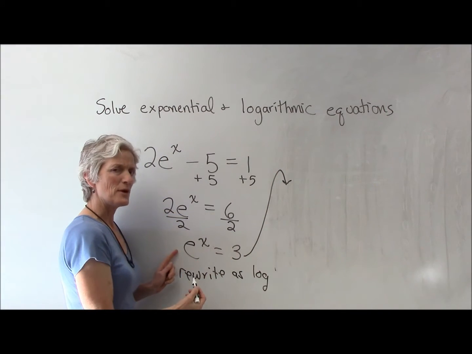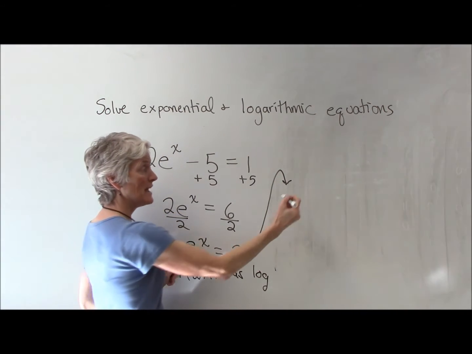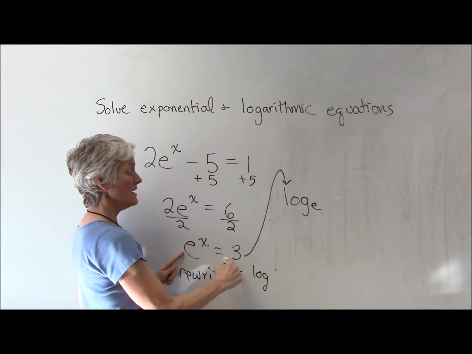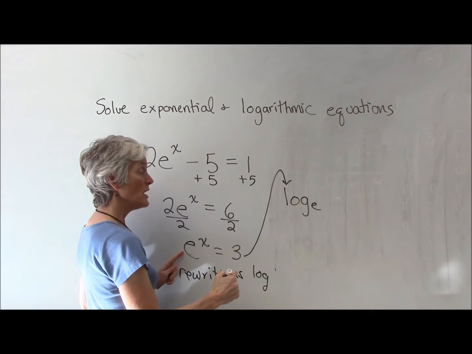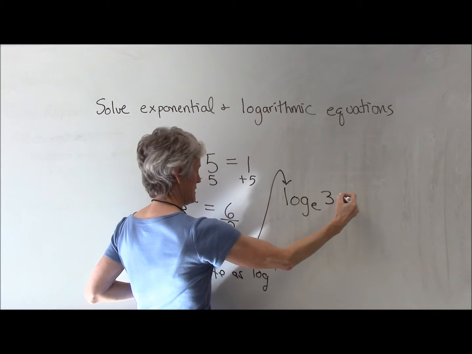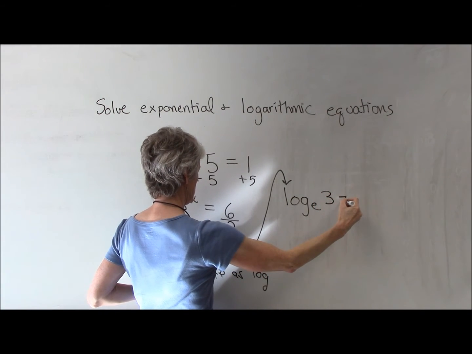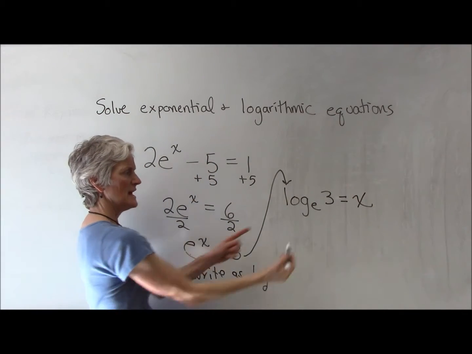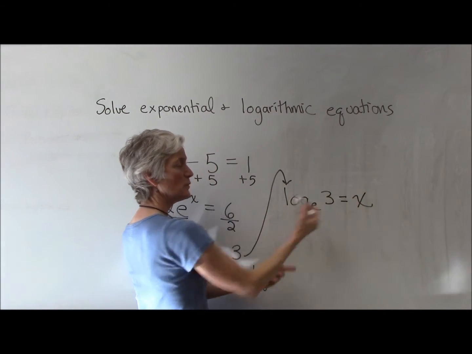So we remember how this works. The e is the base of the log: log base e of my number, which is 3, equals my x, right? e to the x equals 3.